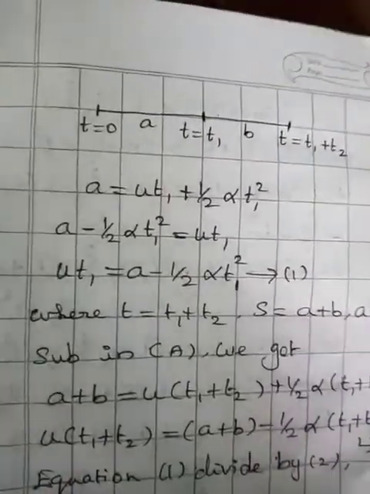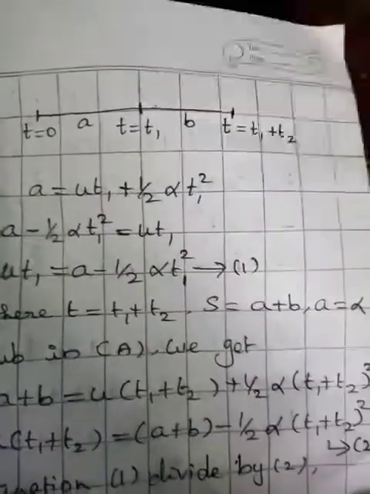t equal to t1 plus t2, s is equal to a plus b, a equal to alpha.